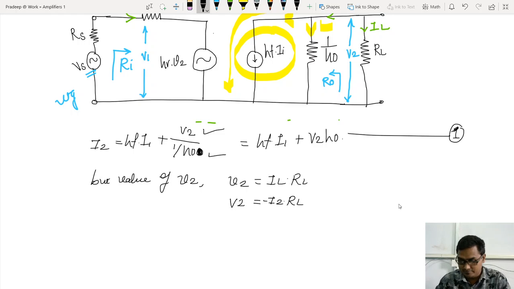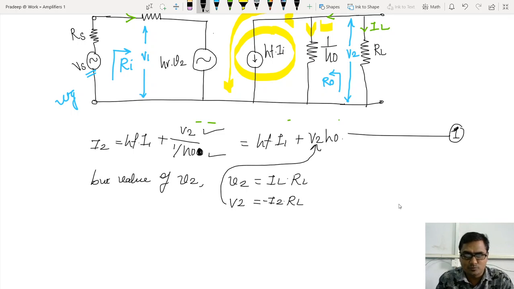Sorry for the interruption. So this V2 we have derived. Now put this value of V2 in equation 1. I need to put this value here.